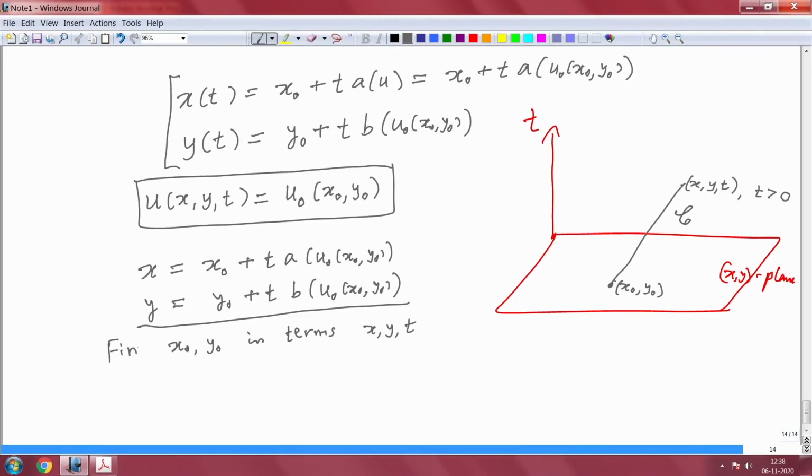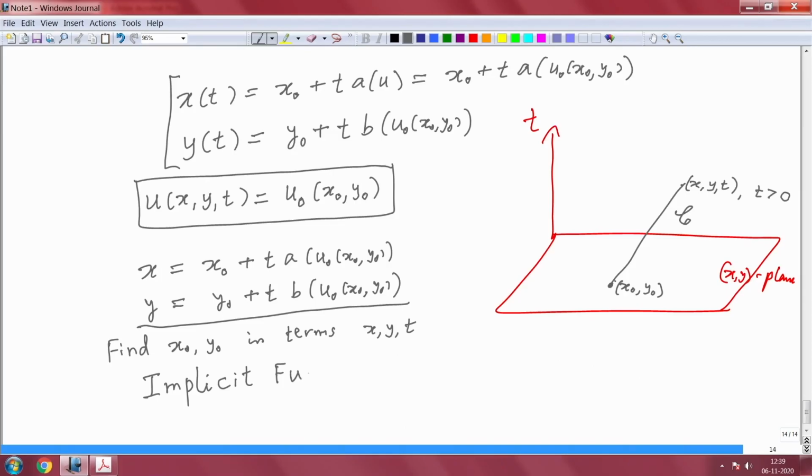So, we will not be able to find them explicitly, but the implicit function theorem comes to our rescue. Whether such a thing is possible or not, we are not able to decide just by looking at these two equations.